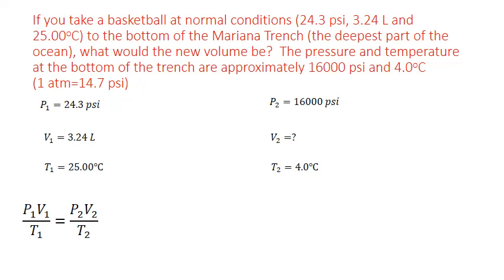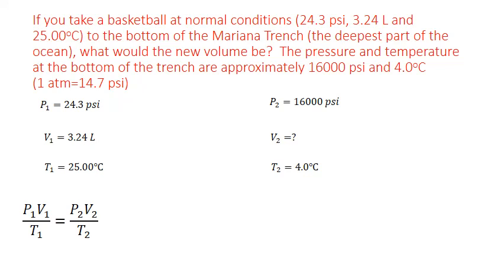Now, we don't have the ideal gas constant in this particular law, so our units, particularly for pressure, are not as critical. As long as we have the same units for P1 and P2, and the same units for V1 and V2, we don't have to convert those into something else.